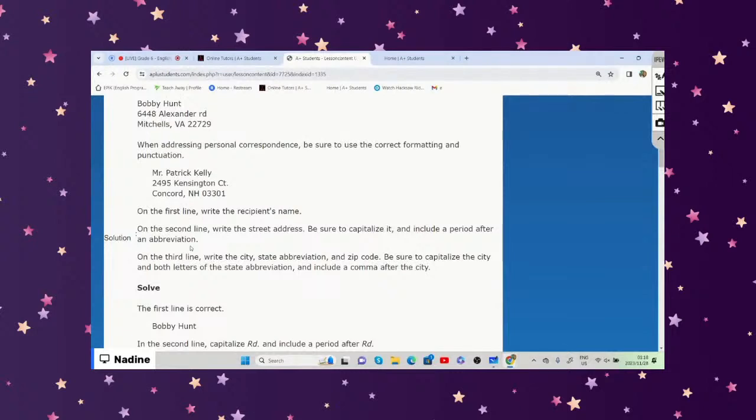On the first line, we need to write the recipient's name, either Mr. or Mrs., or just the name and surname of someone. On the second line, we need to write the street address and be sure to capitalize it and include a period after an abbreviation. So if you're writing CT, then you need to put a full stop.